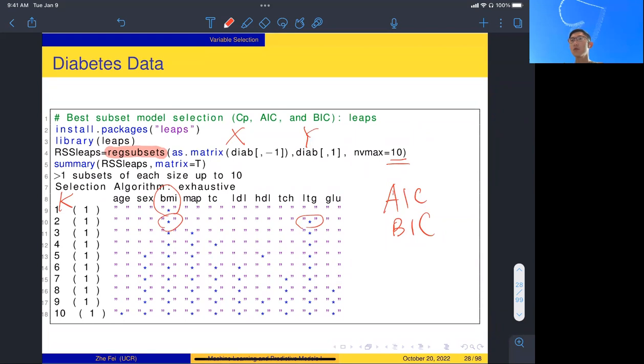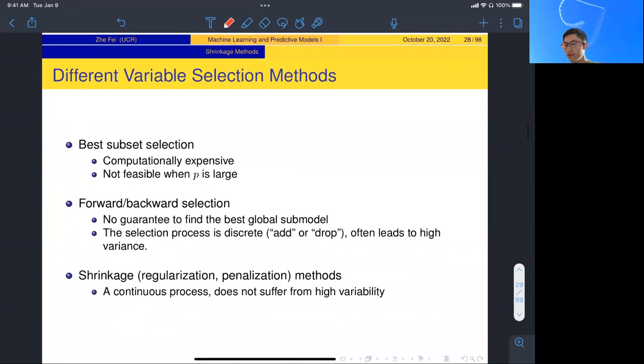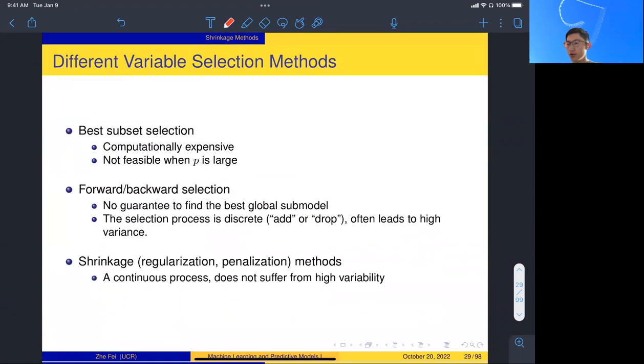So hopefully some of you might have used these techniques before. And so moving on, we want to introduce the so-called shrinkage methods. There are certain limitations of the methods we have just mentioned. For best subset, it's computationally expensive and not feasible when your P is too large.